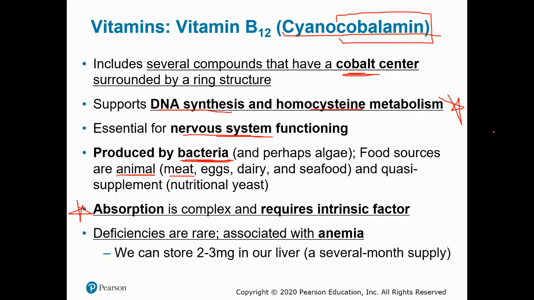Then there are lots of foods these days that are fortified with B12, and your book calls nutritional yeast a quasi-supplement. I don't remember if we use nutritional yeast at all in any of the recipes this semester, but you can certainly go out and buy nutritional yeast. It's pretty available at most grocery stores.